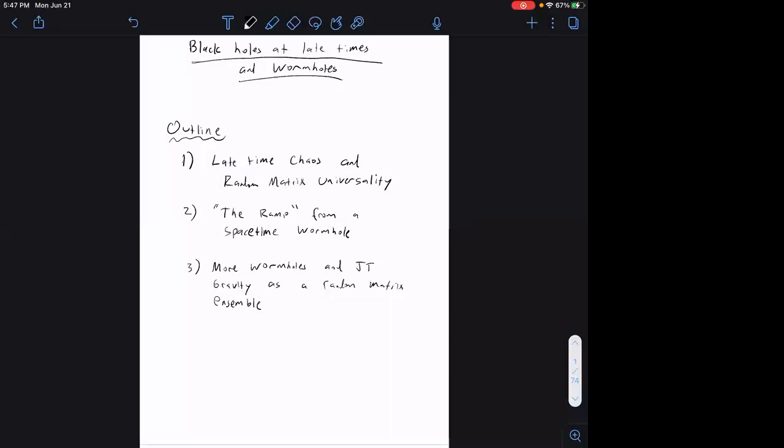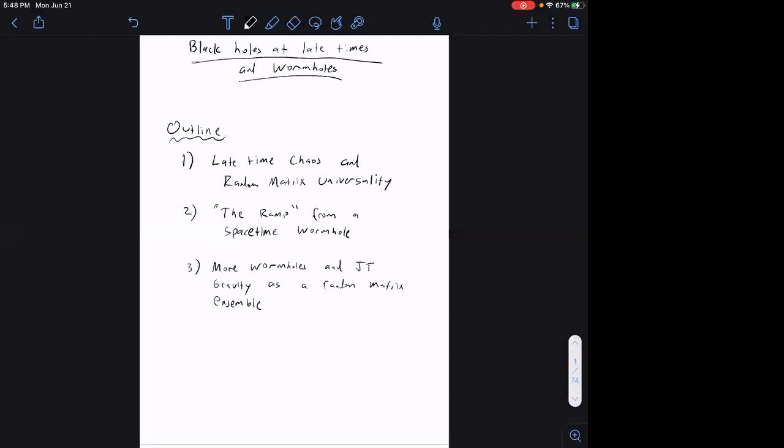Okay, so I'm going to start with a quick outline of what I have planned to talk about the next few lectures. The first day I'm going to talk about late time chaos and random matrix universality. We'll talk about some features we expect of chaotic systems relating to the distribution of their energy levels.